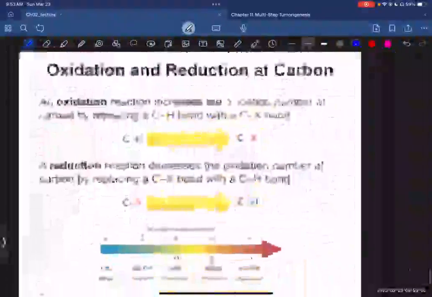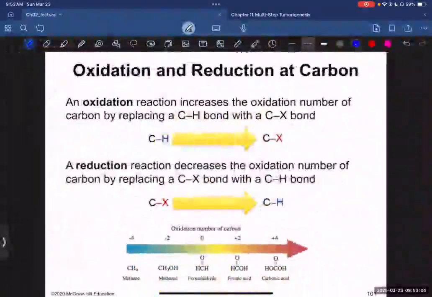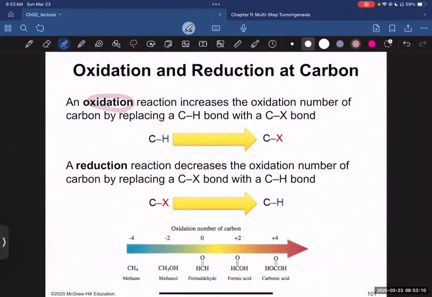So if we actually simply look at this type of oxidation reduction reaction, we can also see oxidation as something that's now going to increase the oxidation number by causing the carbon to hydrogen bond, something that was more electropositive than itself, to be replaced by something that was more electronegative than the carbon itself.